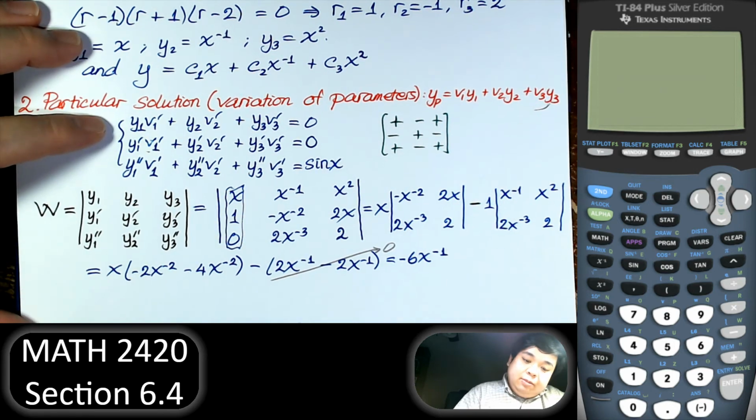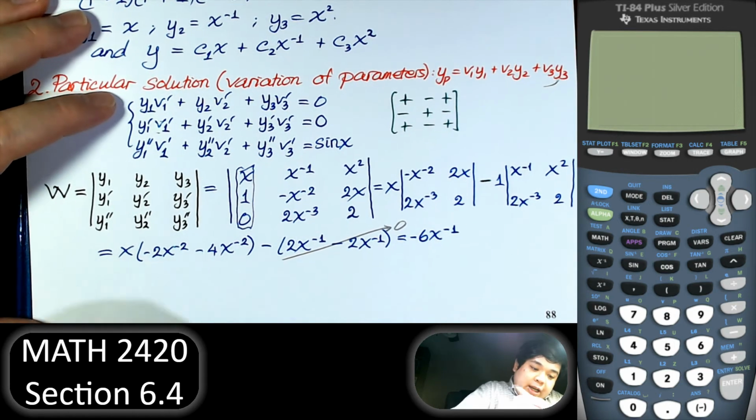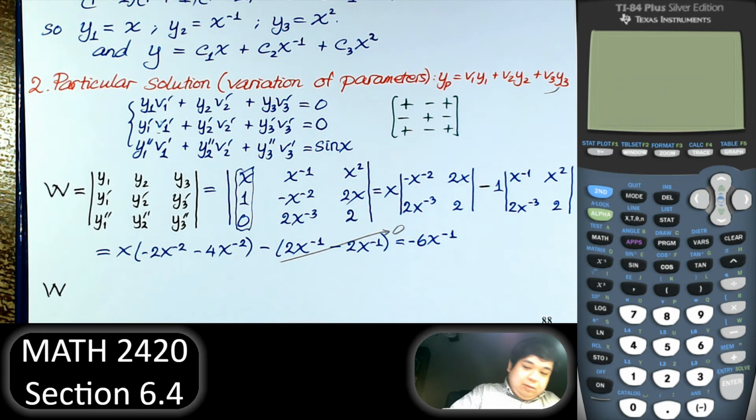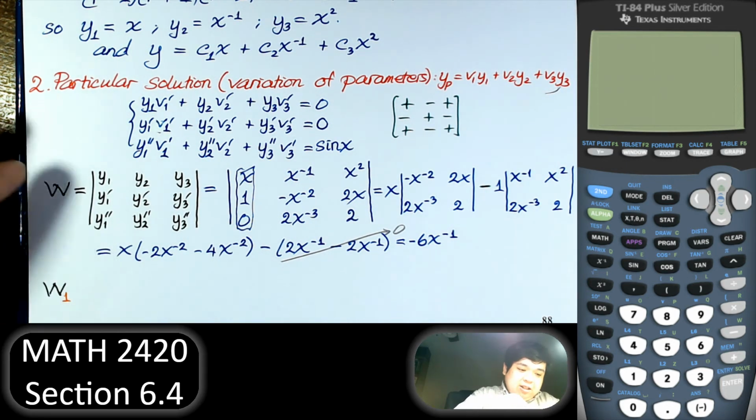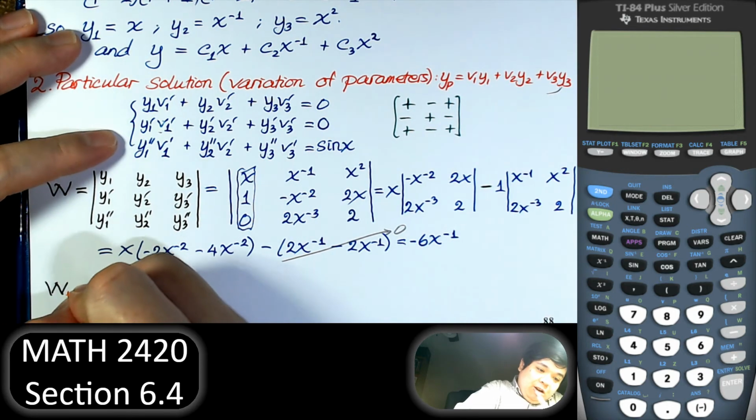Now W1. I'll only do W1 and then get v1 from that, because this is a long problem already.